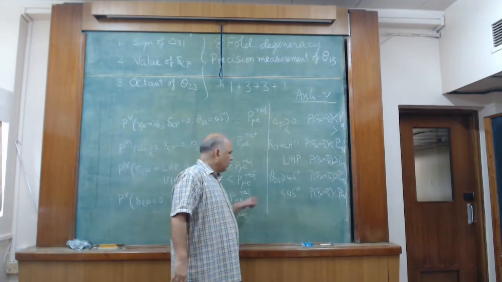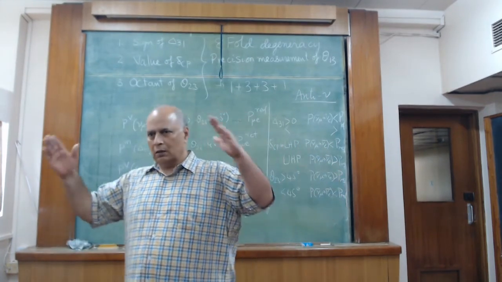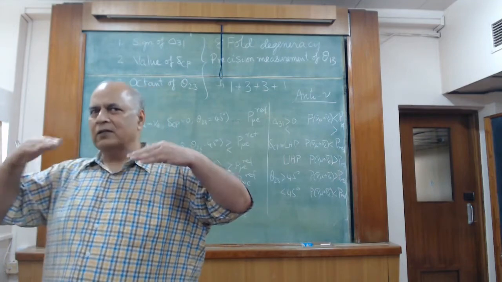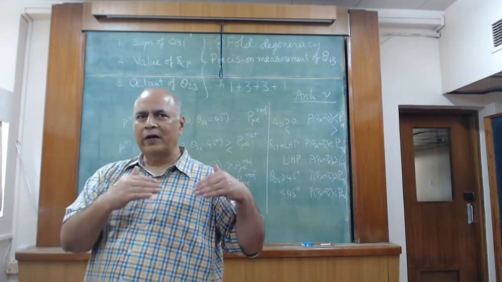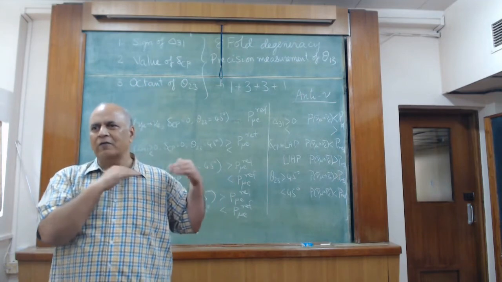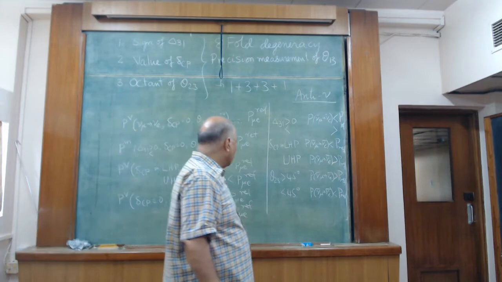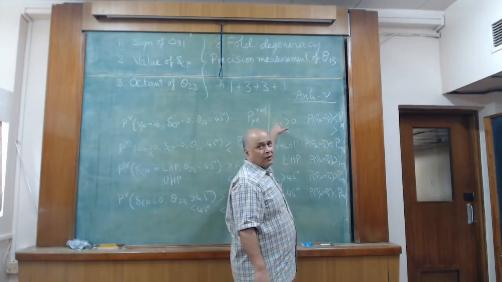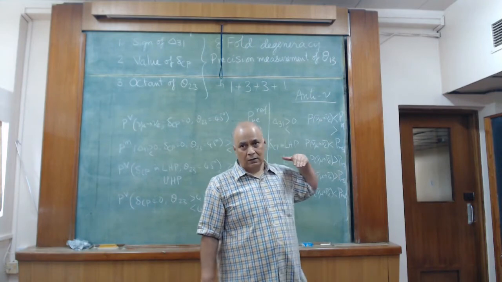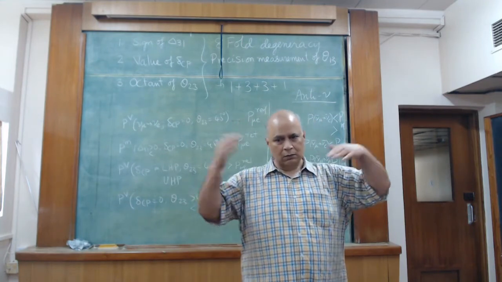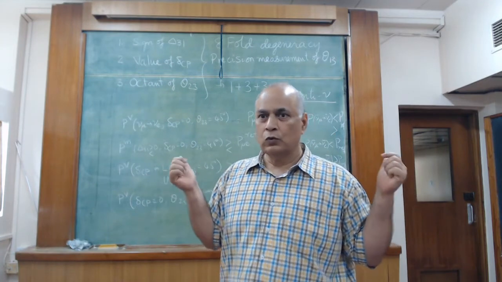So as far as the octant is concerned, the dependence of neutrino probability and anti-neutrino probability on the discrete variable is the same, whereas as far as delta 31 and delta Cp are concerned, the behavior is opposite.